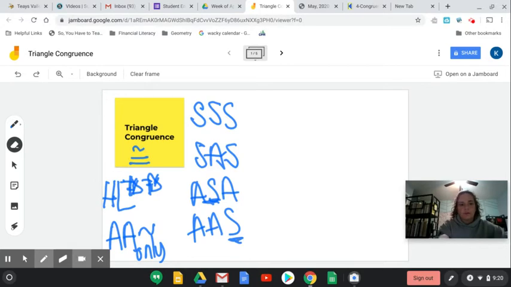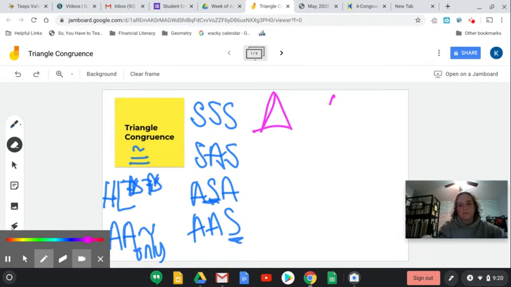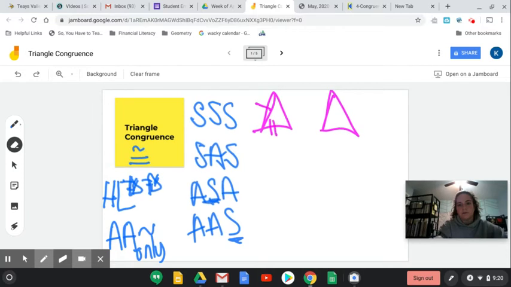So just a quick review. We saw this on the similarity one, but side, side, side is where you have the three sides of the triangle matching up with the three sides of another triangle.